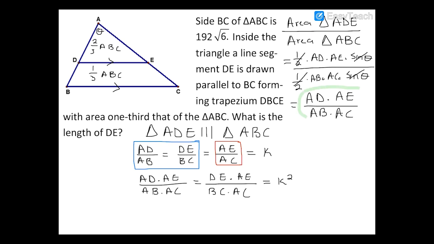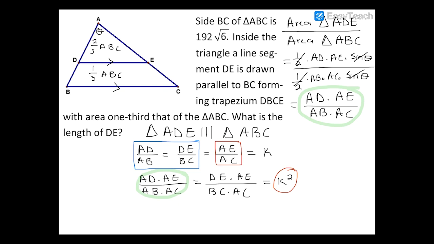So this here is the same as that there. Okay, so that means if I take the ratio of the areas of two triangles that are similar, the answer that I'm going to get is k squared, meaning the proportionality of the sides squared. Okay, so we are going to use this philosophy here to solve this problem.